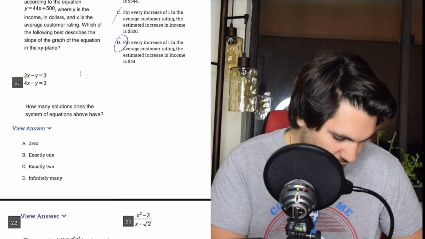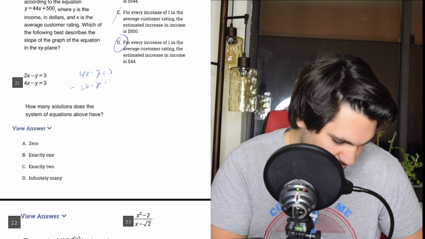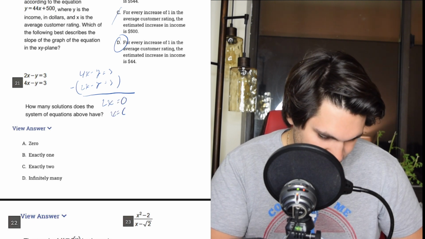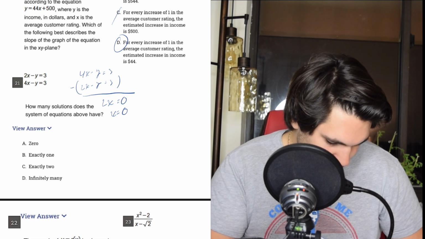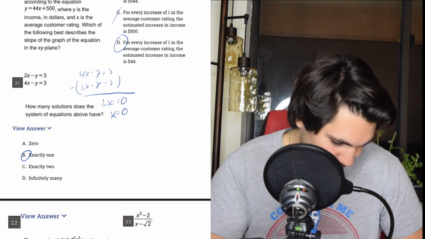So we're going to have 4x minus y equals 3, and we're going to subtract 2x minus y equals 3. Subtract this whole thing, so this is going to get us 2x equals 0. So x equals 0, which means that there's only one solution. So B would be the answer.